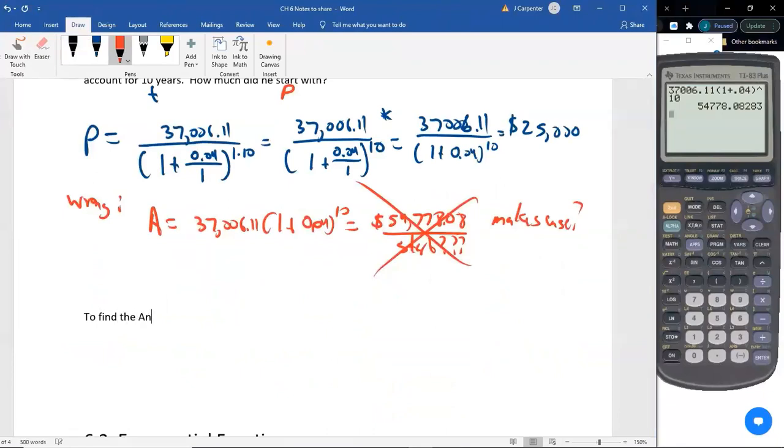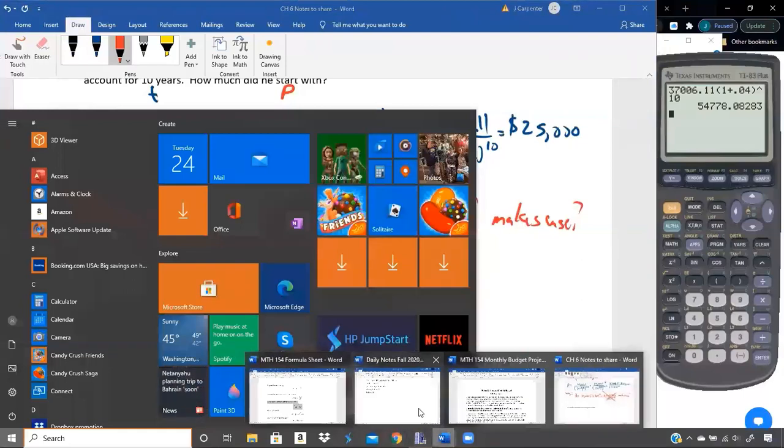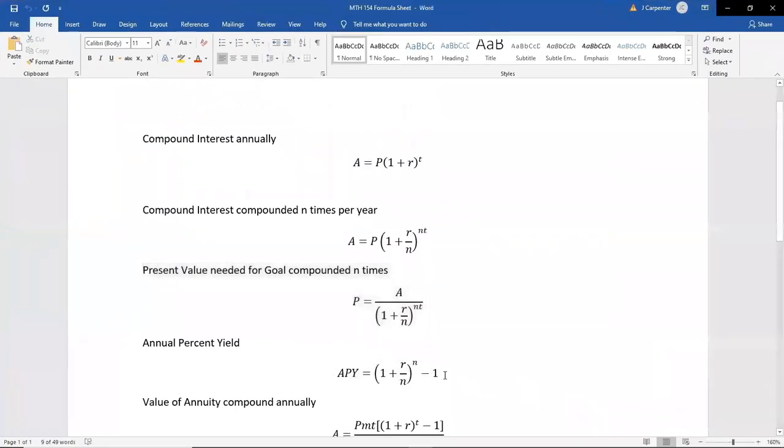Find the annual percent yield, something we haven't talked about since the first couple weeks of class, given an annual percent rate. I'm going to go back to the formula sheet just to copy paste it so I don't have to take an hour for that. It's right here.